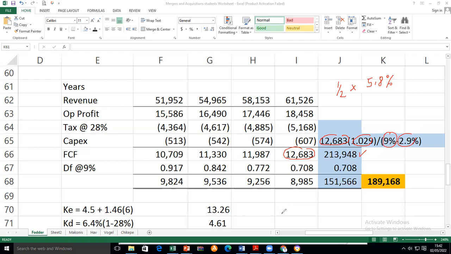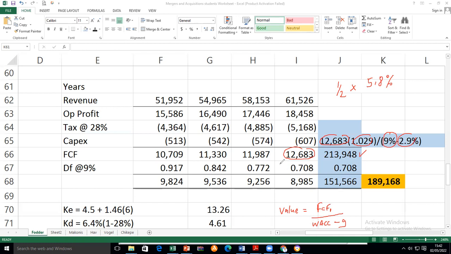Remember, your value to them is free cash flow after 1 year divided by the WACC minus the G. This is what we are doing here.